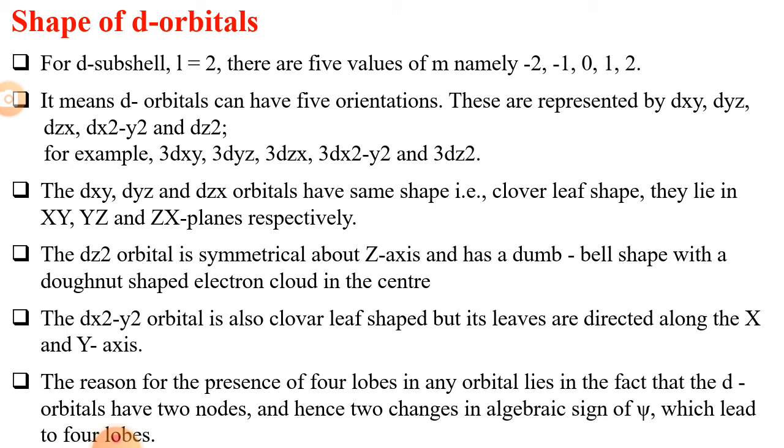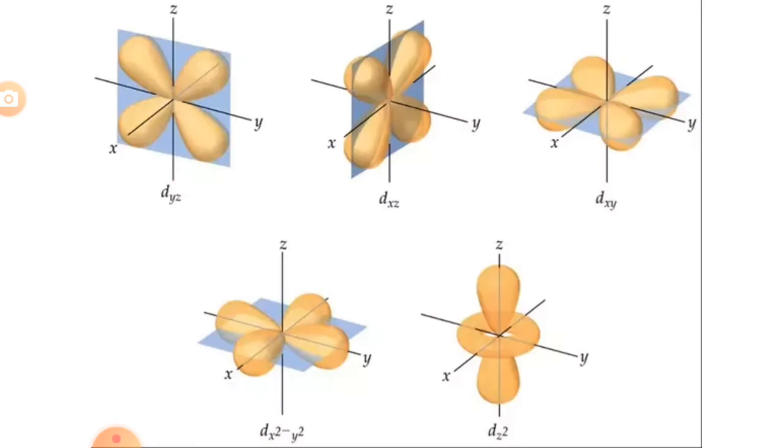Out of these 5d orbitals, the shapes of the first 4 d orbitals are related to each other, and differ from the dz square orbital, and the second is dx square minus y square. The energy of all 5d orbitals is the same, which means all 5d orbitals are in a degenerate state, having the same energy.